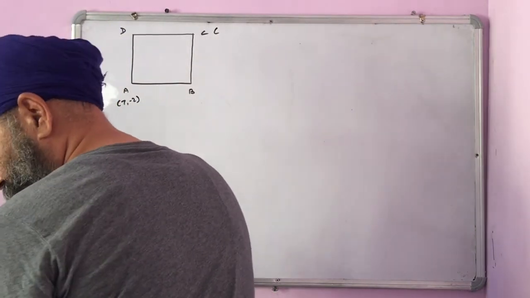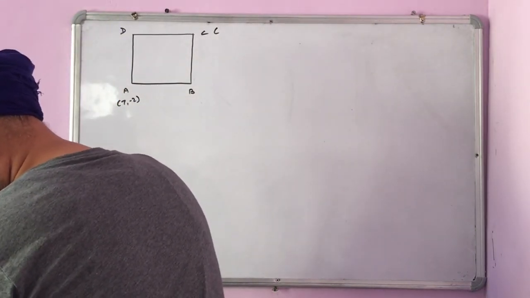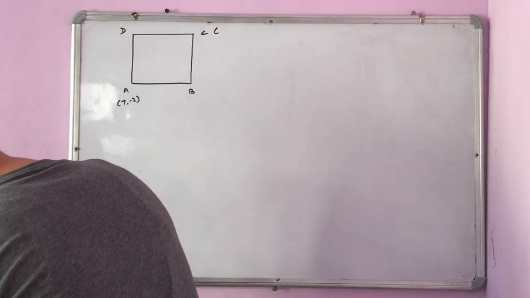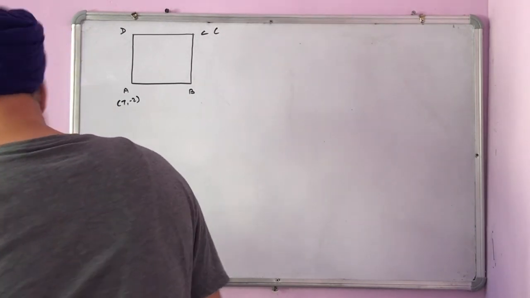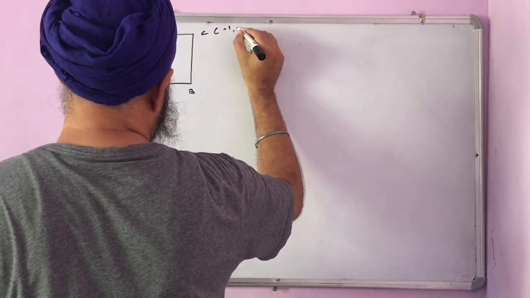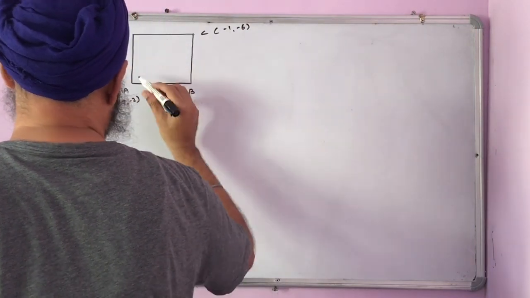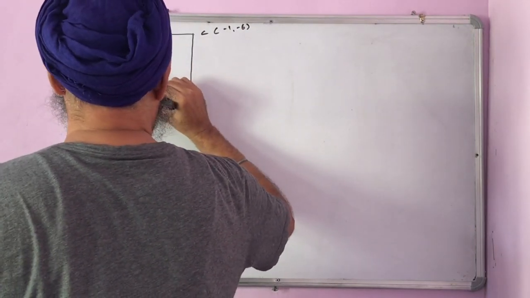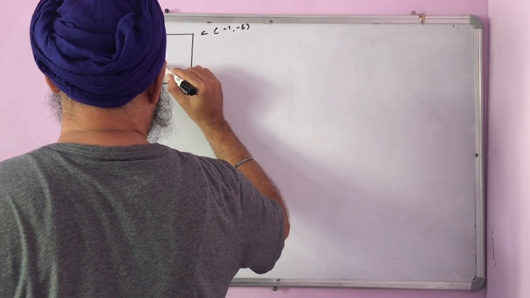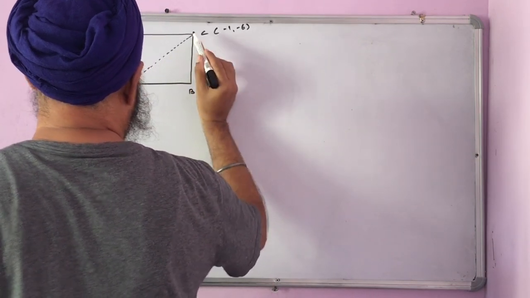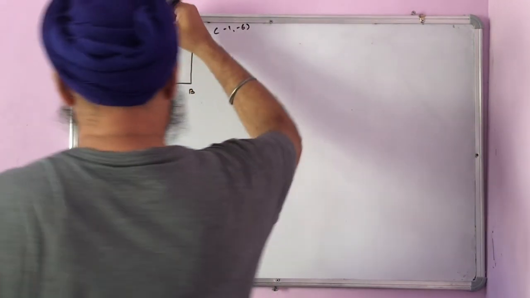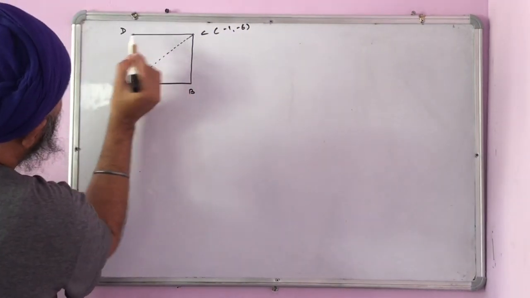C is minus 1, minus 6. Then we have to find the equations of AC and BD.